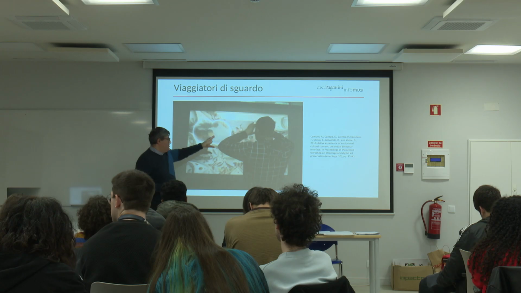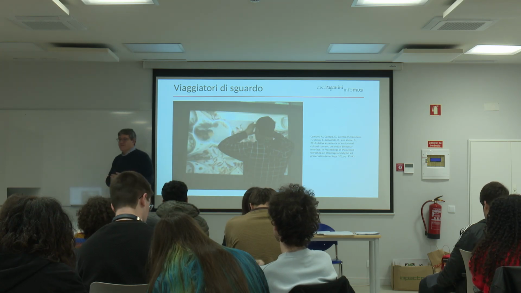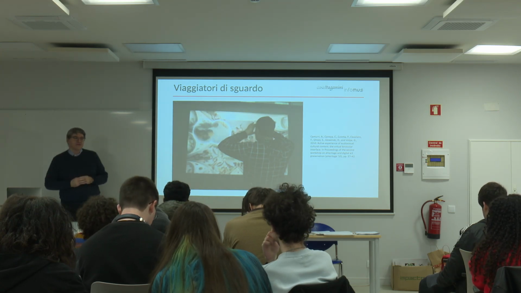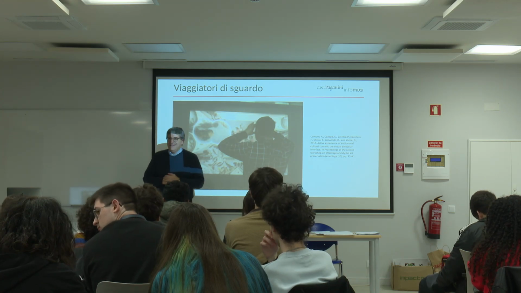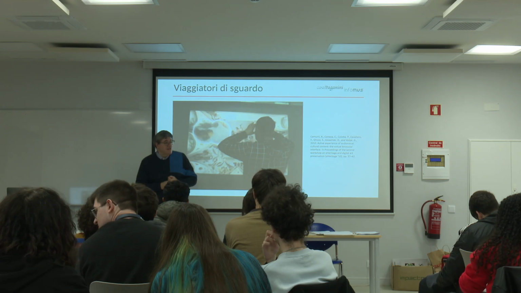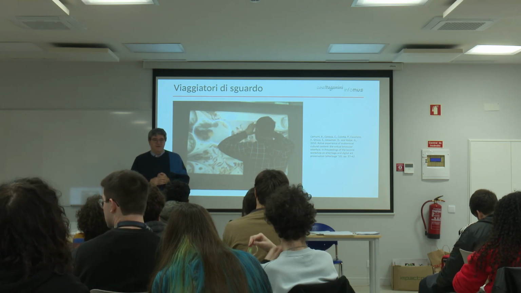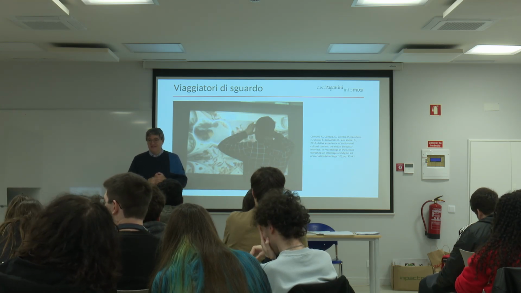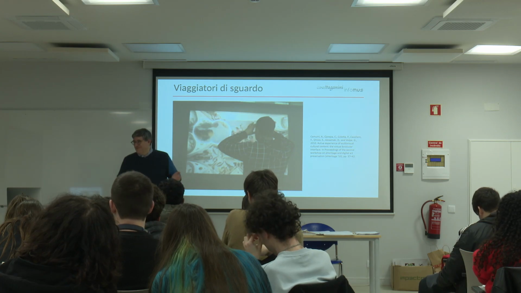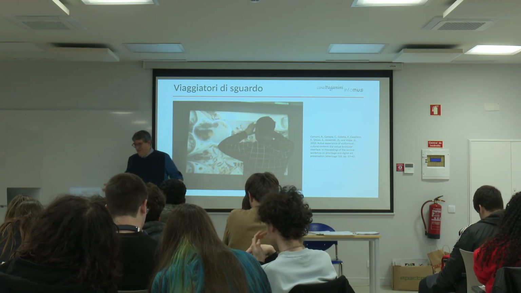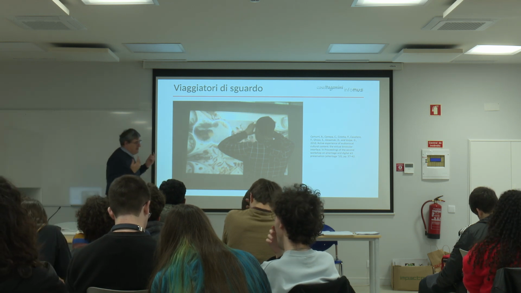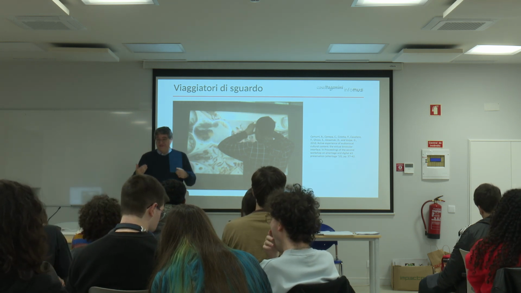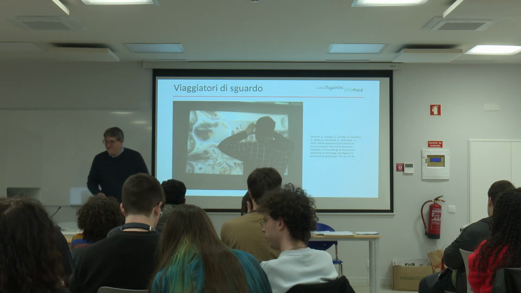So here we use gestures, and this is also a way to use technology. As a take-home message, when you use technology, you should not use it for replicating something that you can do in the real world, because it is better to do it in the real world, up to now. The idea is to use technology for doing something which is not possible in the real world.